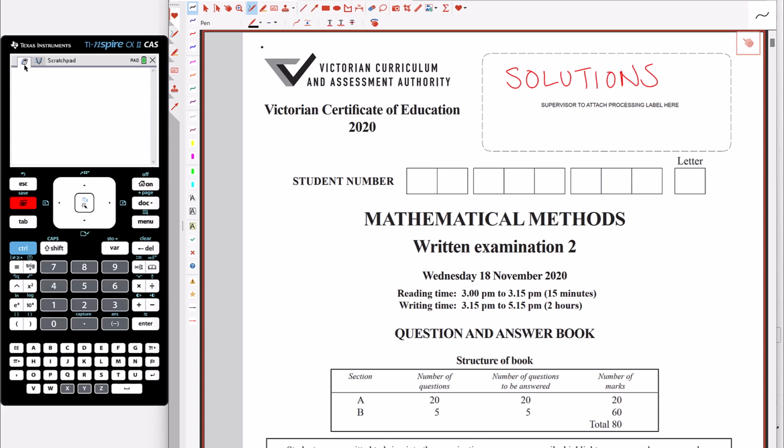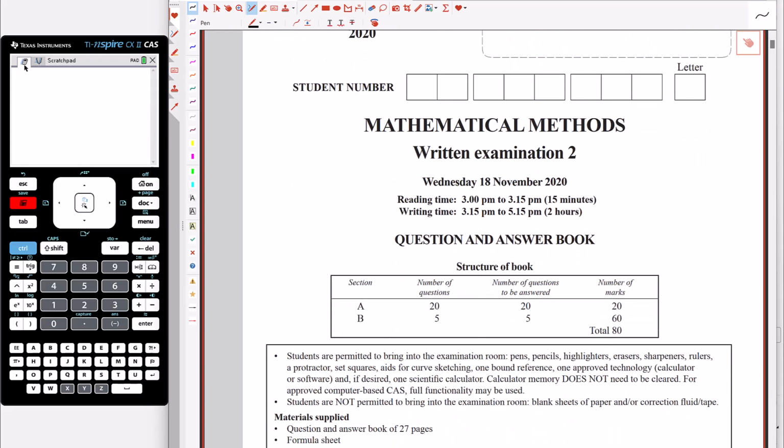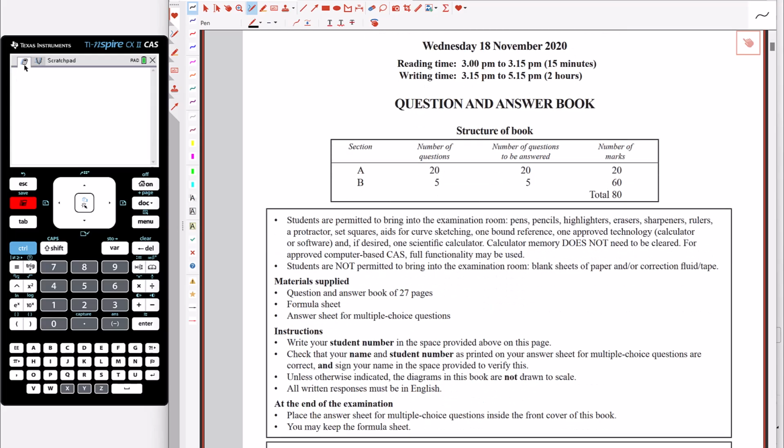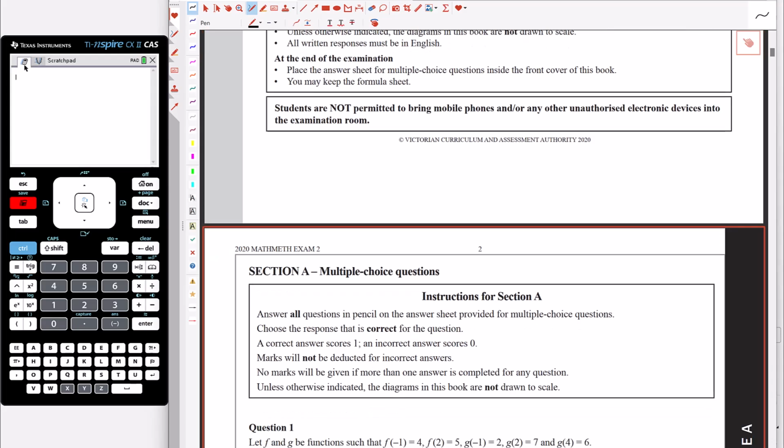So there was a lot less probability in 2020, and so this exam contains a lot less of the probability that would have been in a usual exam for the study design at this particular time. And so this paper perhaps has some nice practice questions, but it's not a good representation of what you would see in a normal year.